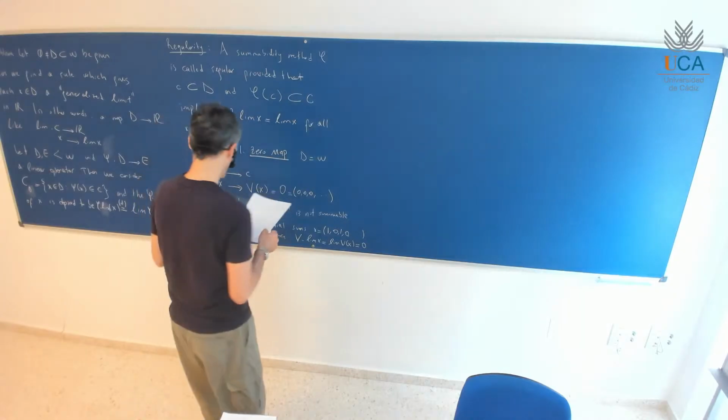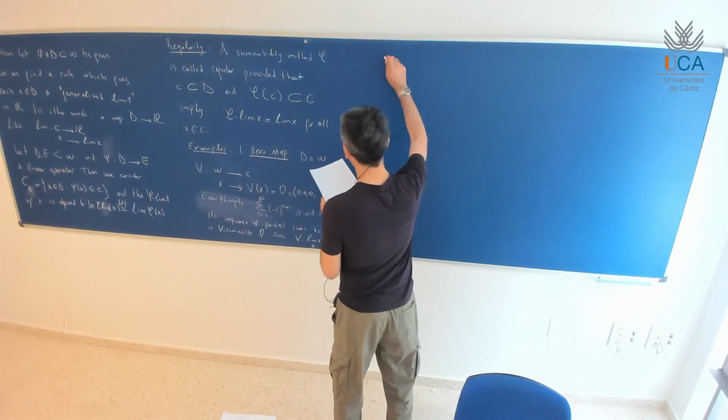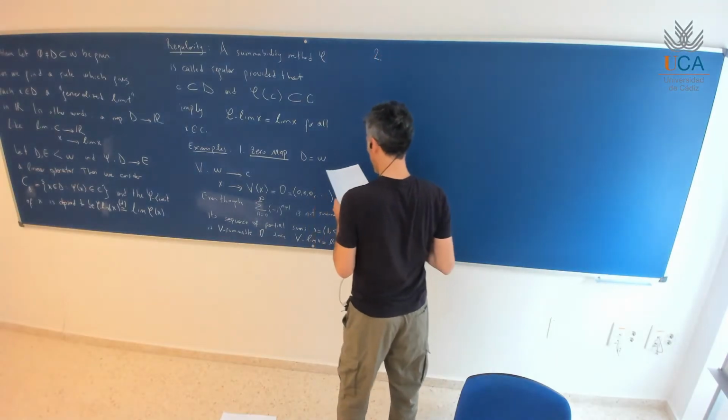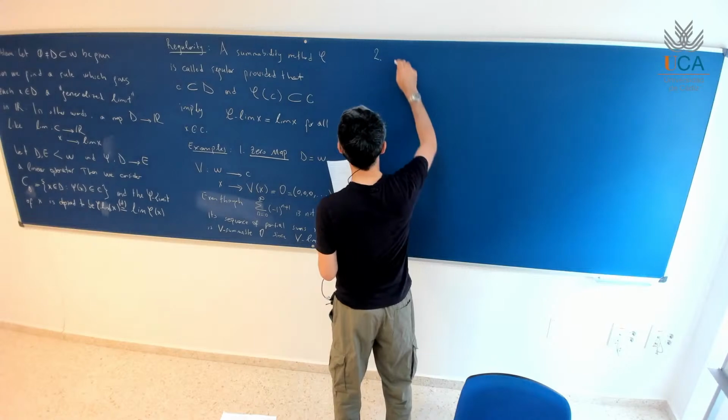Another initial example comes from the arithmetic mean of sequences.